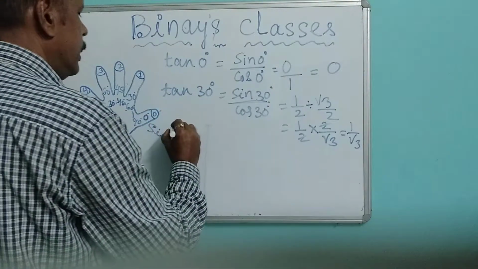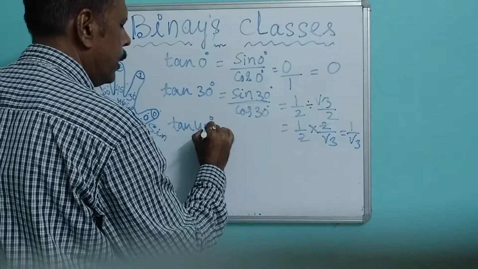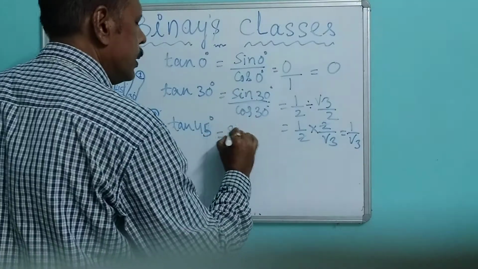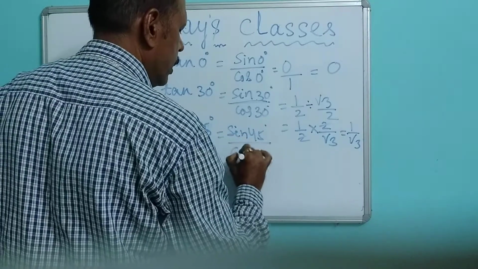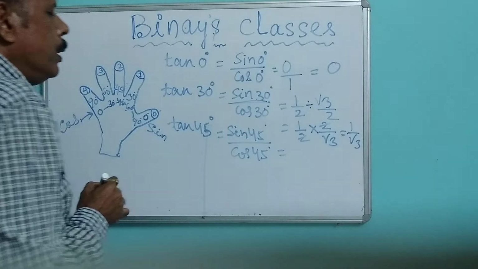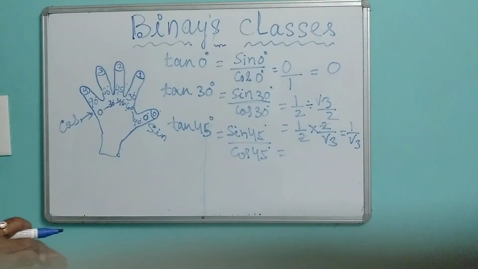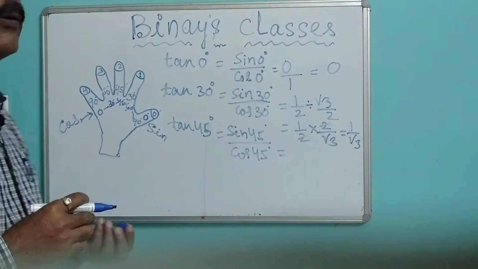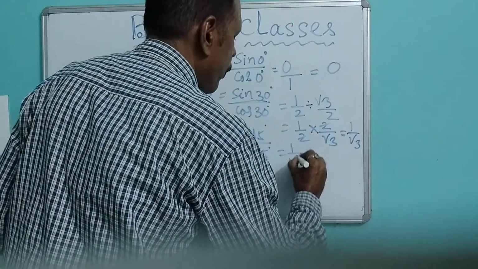Then comes tan 45 degree, sin 45 by cos 45. We have already calculated sin 45 degree: it is 1 by root 2.